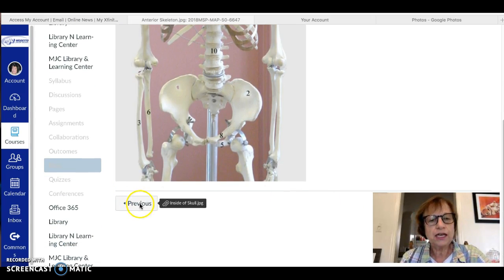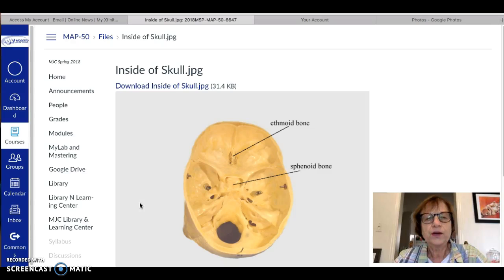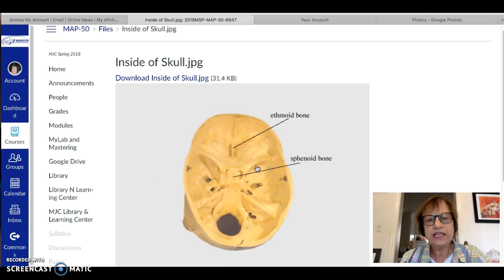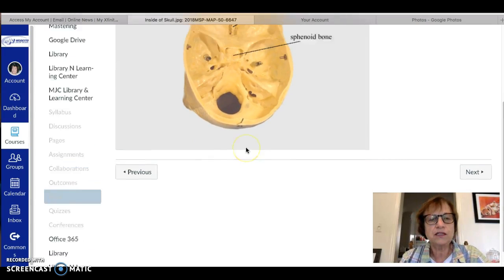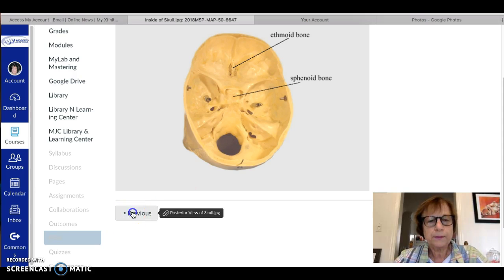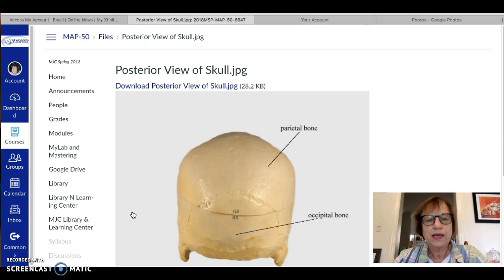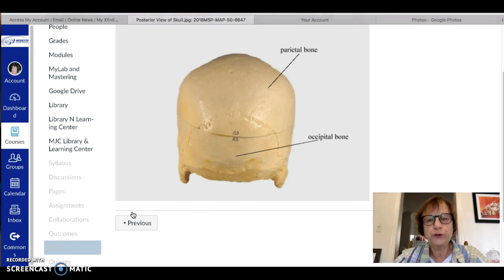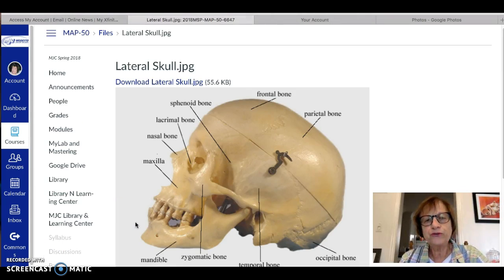If we look, that would be an internal view of the skull. A posterior view, a lateral view.